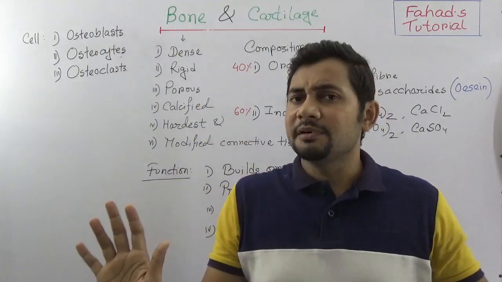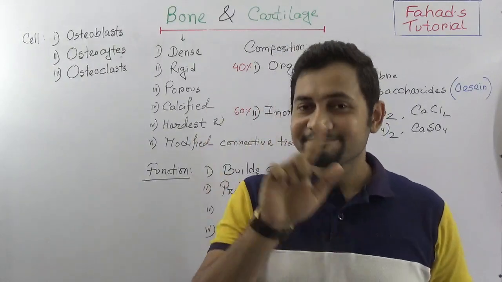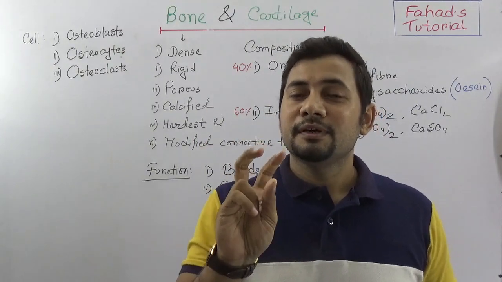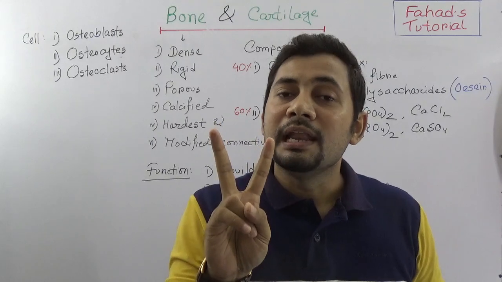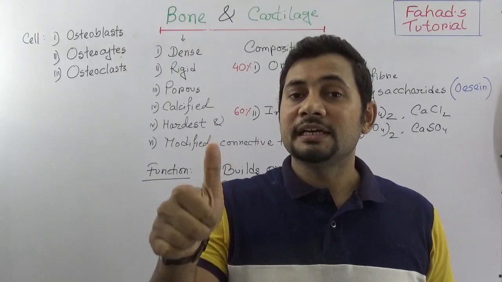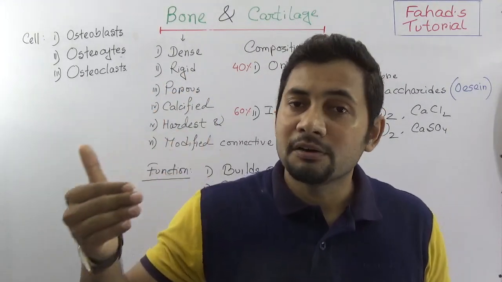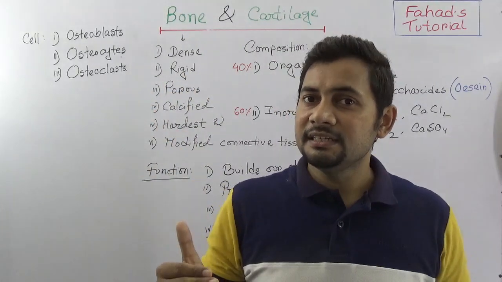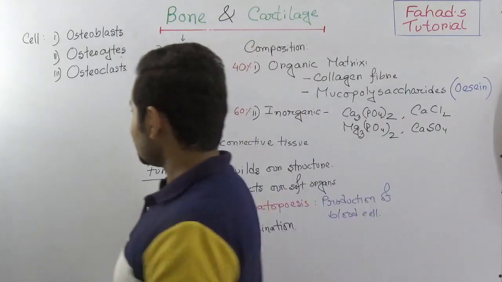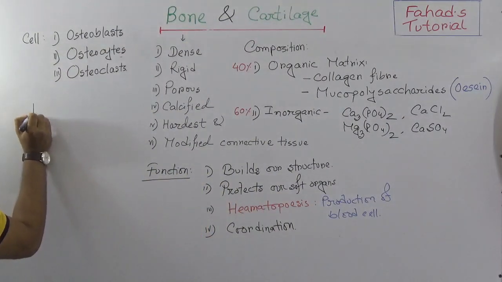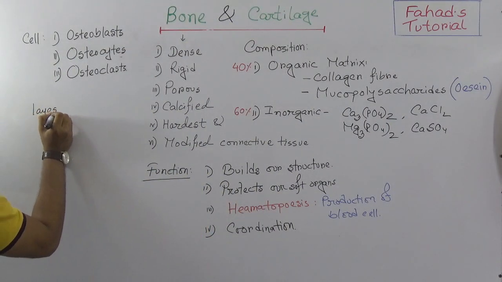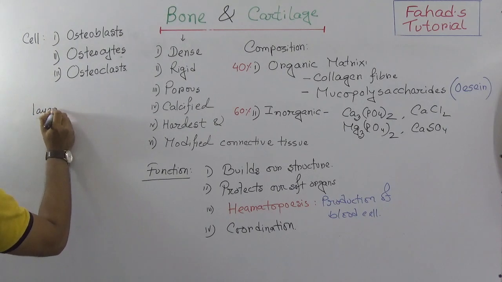Now if you can remember the layers of bones, we should know we have two layers of bones. Number one, from outside, is periosteum, and inside is endosteum. So you should remember one more thing, that is layers of bone.